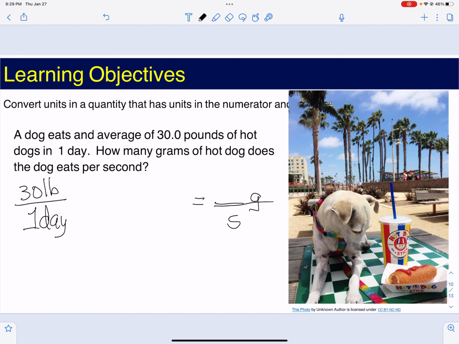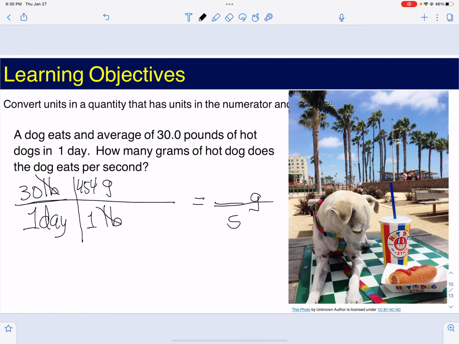So how many grams of hot dog can the dog eat in 1 second? Well, first thing on top, we're gonna have to change pounds to grams. So I don't want the pounds because I want the grams. And I know from memory that 1 pound equals 454 grams.